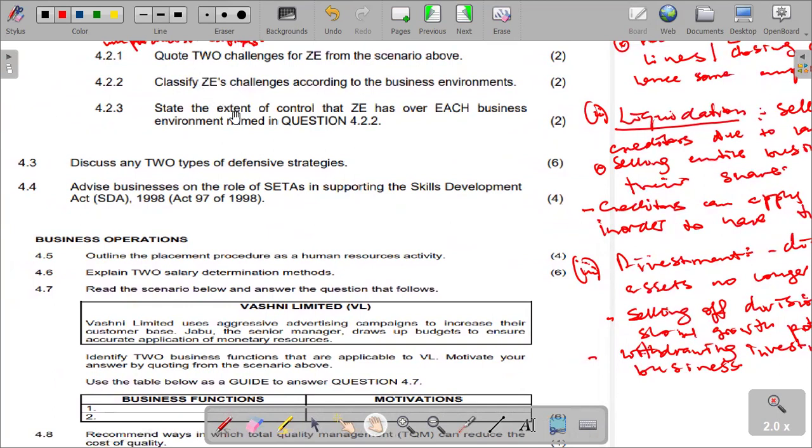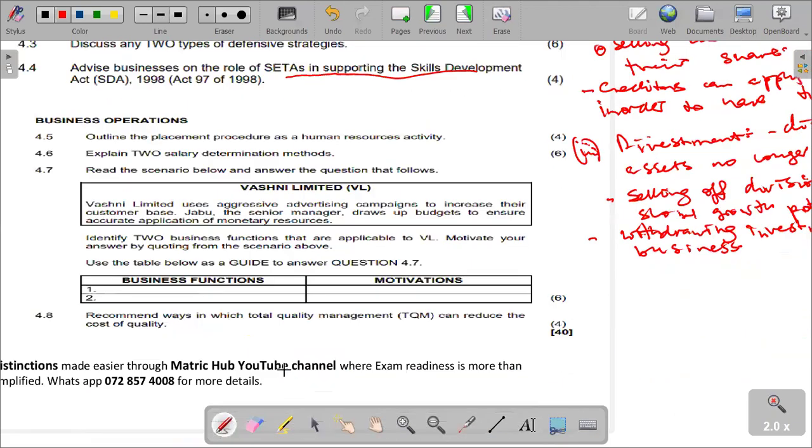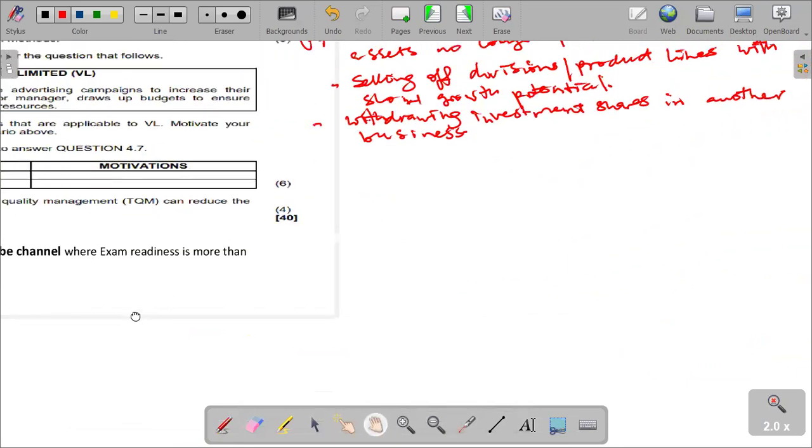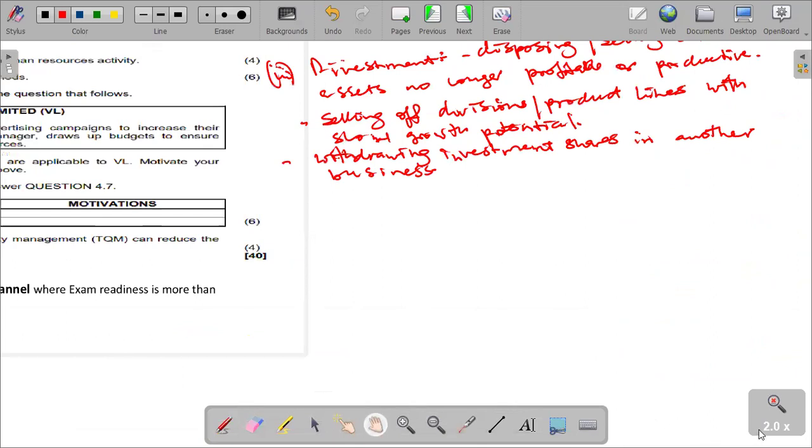The role of SETAs in supporting the Skills Development Act is our next question, 4.4.